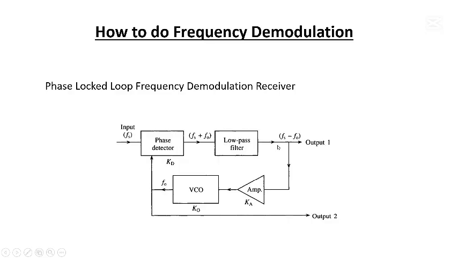and here the frequency coming from the voltage controlled oscillator is 999 kilohertz. So there is a gap of 1 kilohertz.